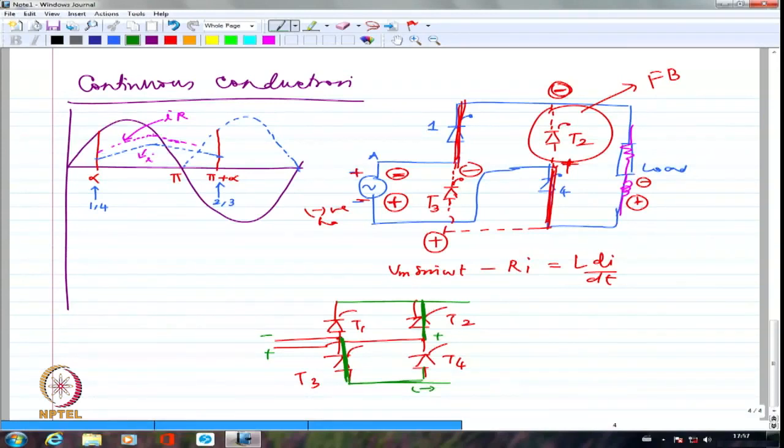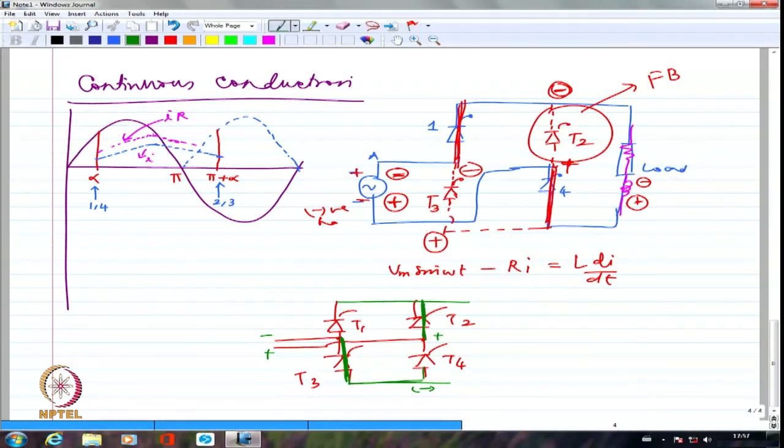Yes. T1 and T4 will be reverse biased. That will be based on whether the voltage across the inductor is greater or the supply voltage is greater. If I am having inductor voltage and supply voltage like this, they are opposing each other. Agreed. But I didn't even draw any load.